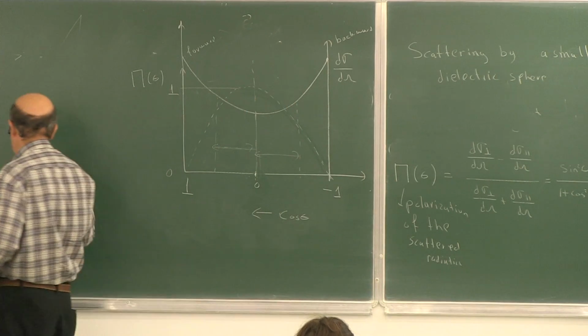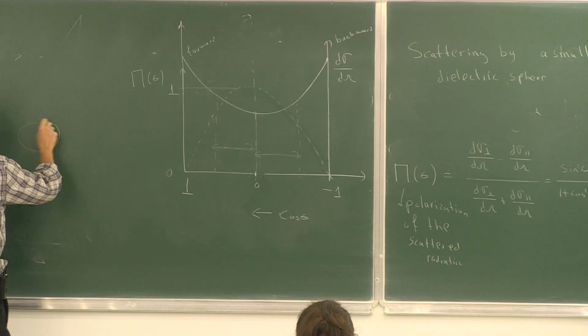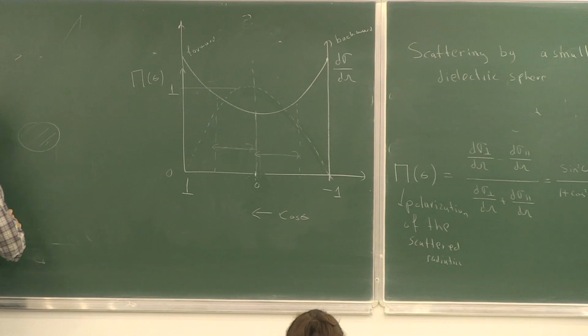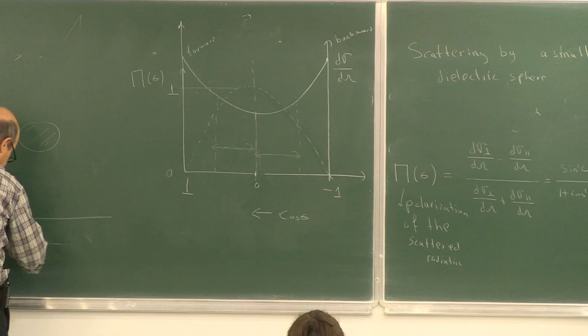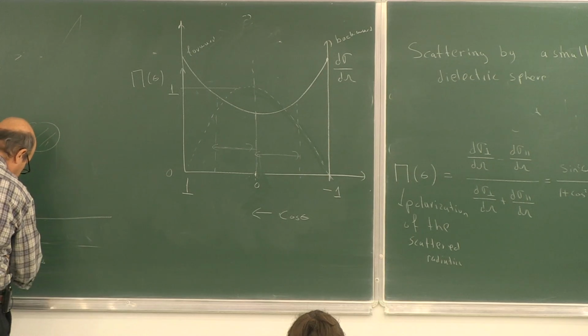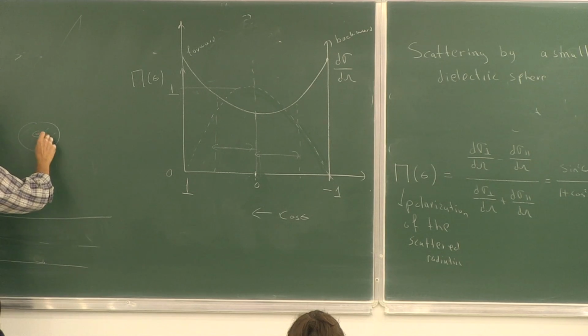So basically the situation is the following. If you put the scatterer here, if you submit a long wavelength here, this is a dielectric sphere.